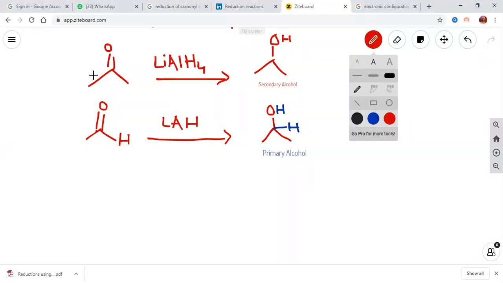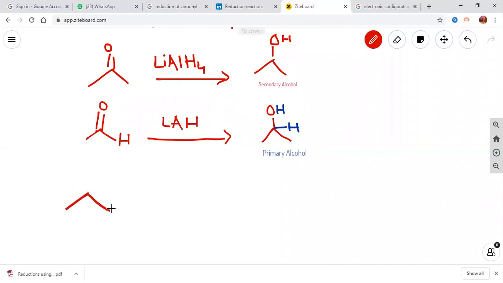I'll write a few. This ketone is converted to secondary alcohol, and aldehyde is converted to primary alcohol. And esters, with lithium aluminum hydride, we can write lithium aluminum hydride like this also.